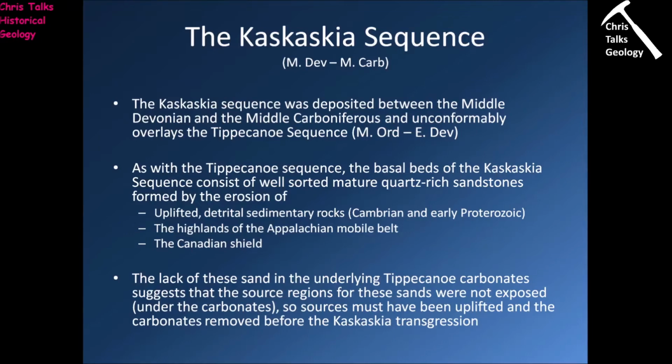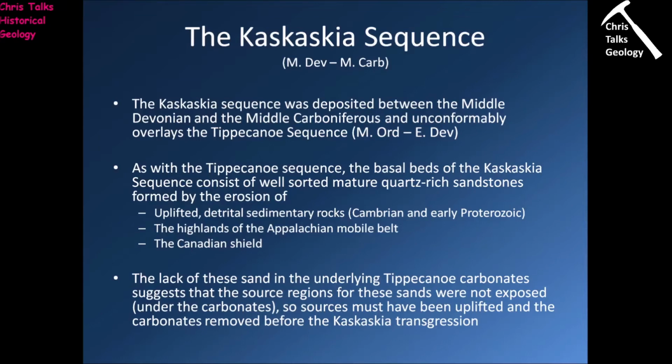very quartz rich sediments. In some areas, though, we don't see the formation of the sandstones, and that would suggest that we weren't exposing rocks which we could weather to make sandstones. That would suggest that the layer of carbonates which were deposited as part of the Tippecanoe sequence was still intact. And so this would mean that some areas were maybe not as uplifted as other areas or had lower rates of erosion.